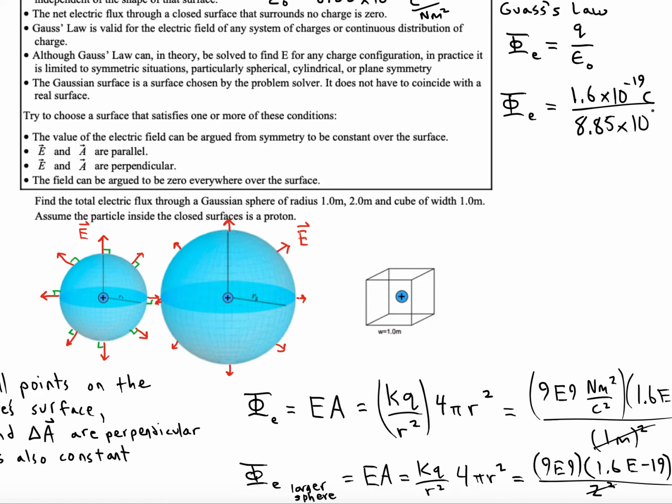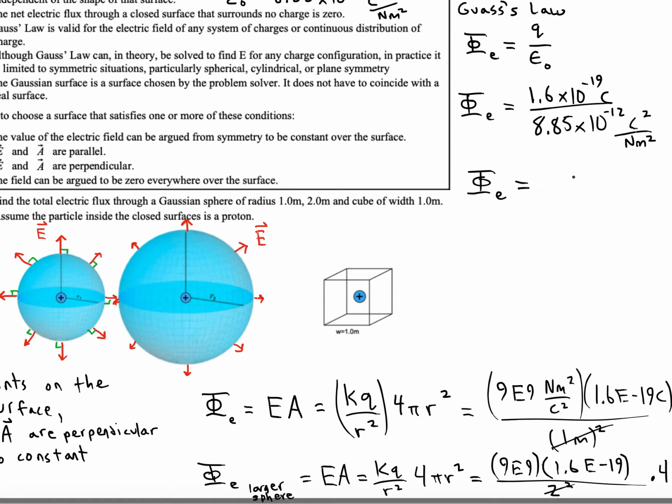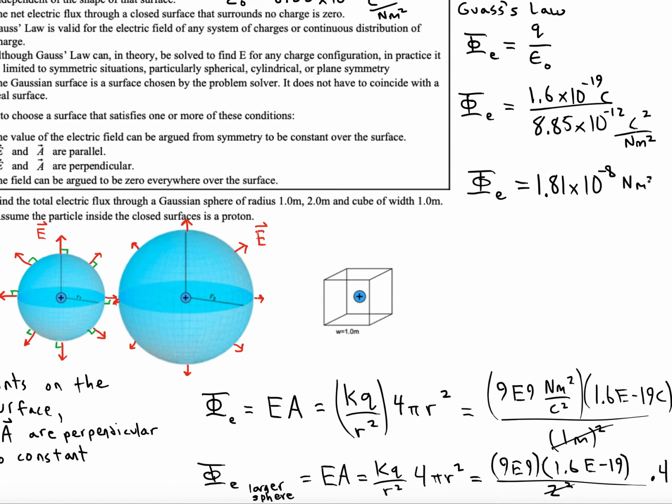And for epsilon naught, we have this. Gauss's law tells us the net flux through that surface is 1.81 times 10 to the minus 8 Newton meters squared per coulomb.